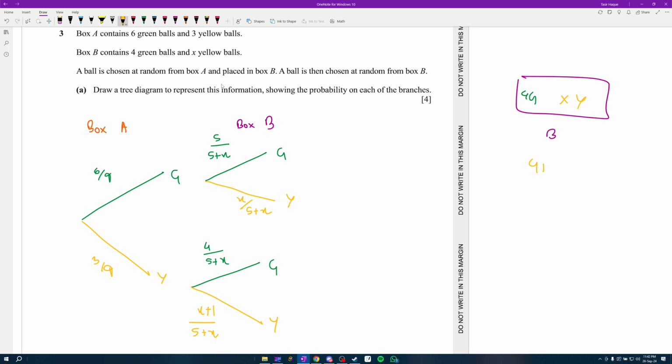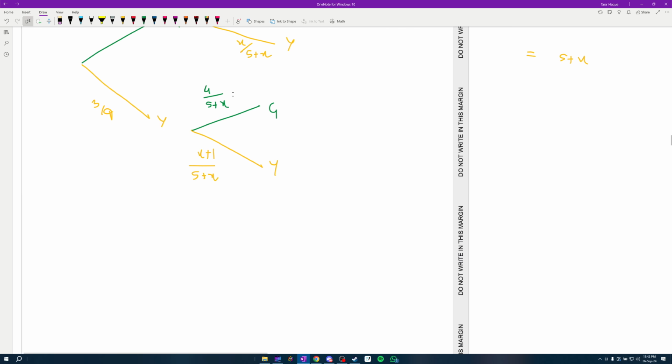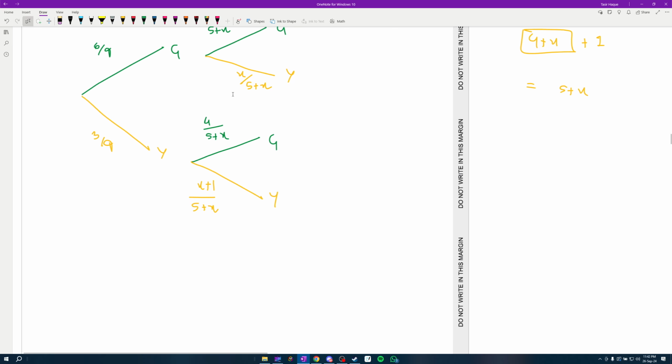So you had 4 plus X balls initially, but you add another ball, so the total number of balls will be 5 plus X in all the scenarios respectively. But the numerator will differ according to the ball that you've taken. That's the general idea, yeah? Okay? But the denominator will be the same.